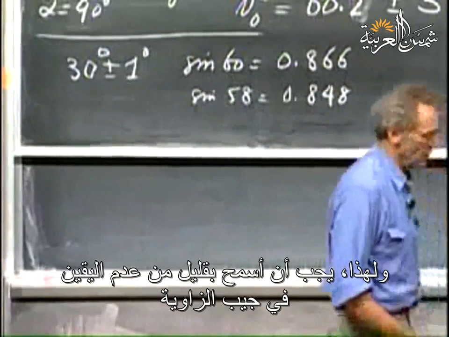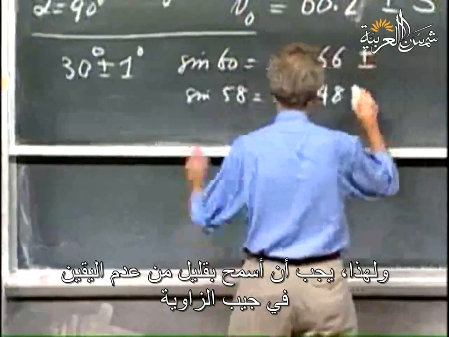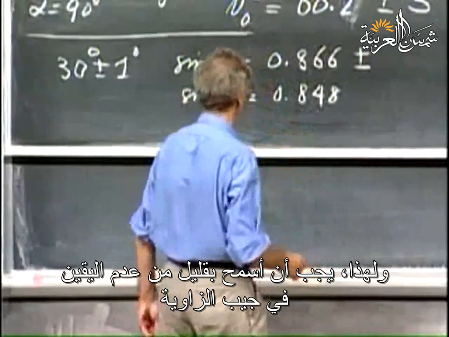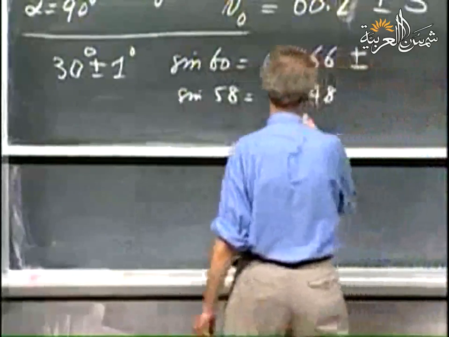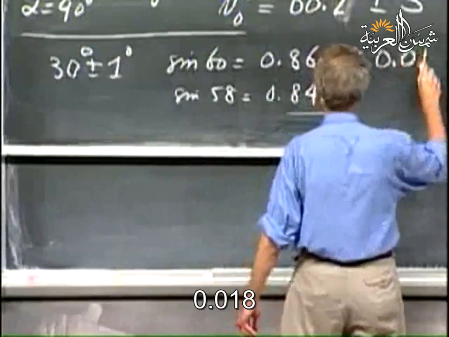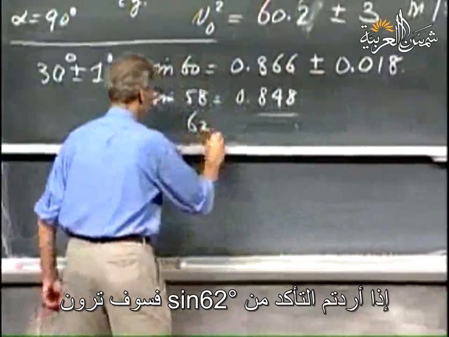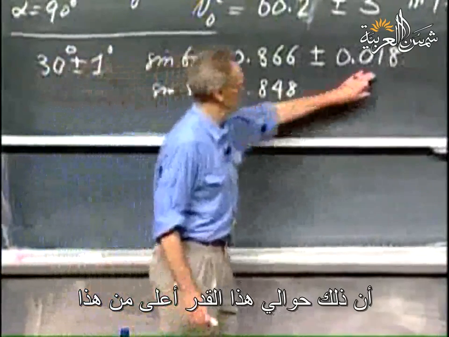And therefore, I must allow for an uncertainty in the sine of the angle by roughly, maybe something like 17 or 18 units. What is this difference? 0.018. If you want to check what the sine of 62 degrees is, you will see that that is about this much higher than this.